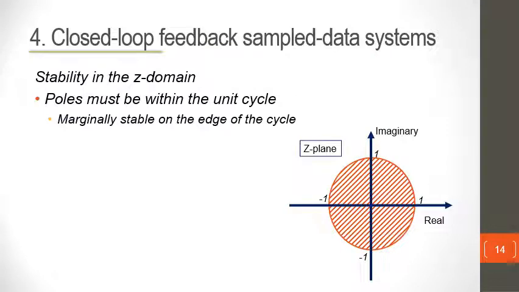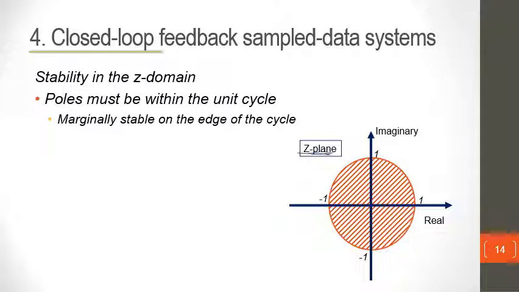Have you looked at how you calculate the output of your sampled data systems? We need to assess, generically speaking, how you assess the stability of a sampled data system. Generally speaking, stability of a sampled data system can be assessed by plotting its poles and zeros on the z plane.